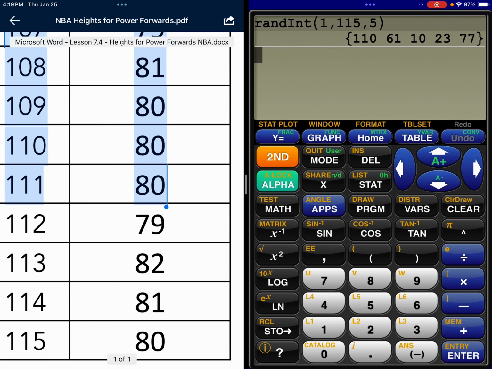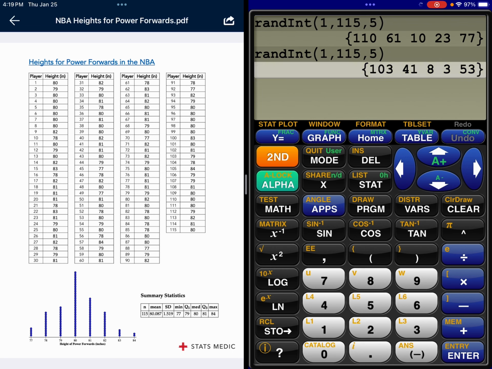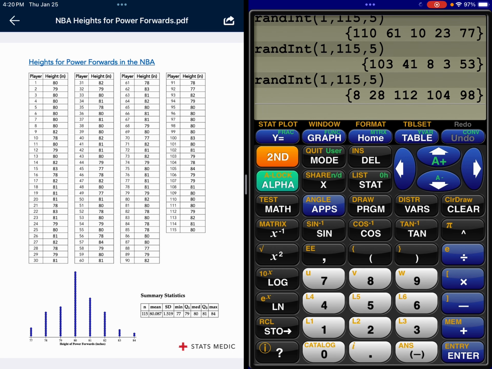So you can see here, there's my first sample, and I would highlight or mark those 5. You could put this into Notability as well, right? Get your 5 heights, write them down, add them up, divide by 5. And you're going to do that 3 times. So there's my second sample, and there's my third sample.